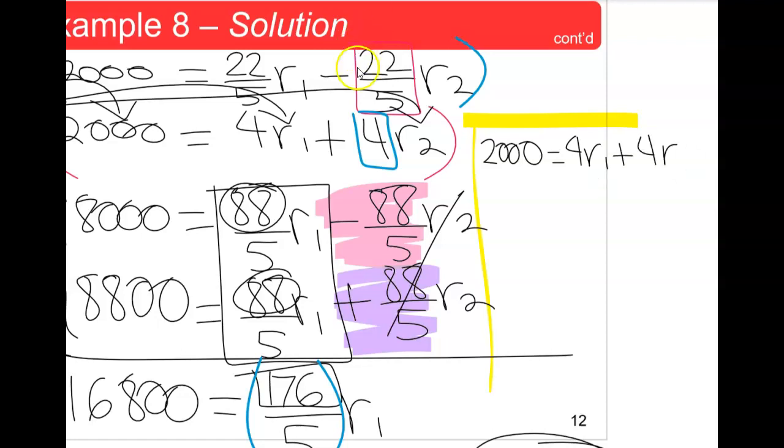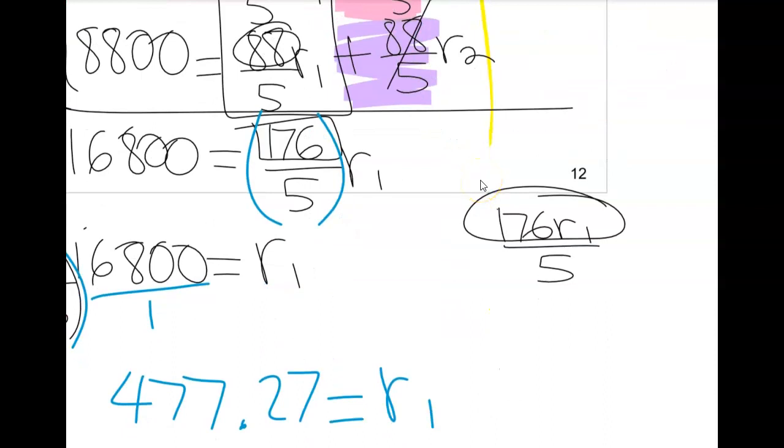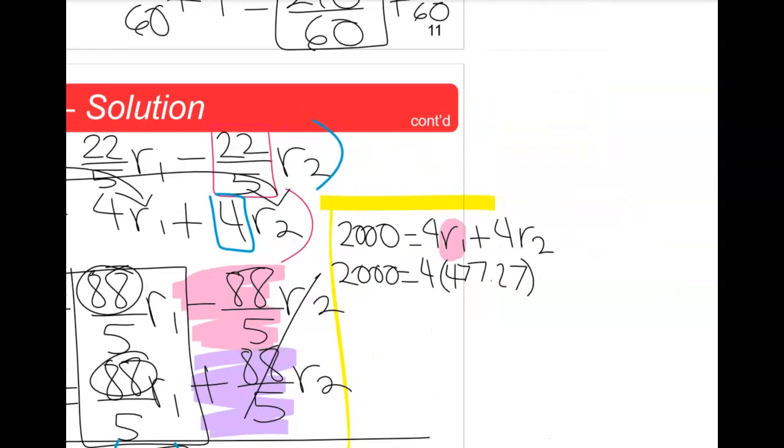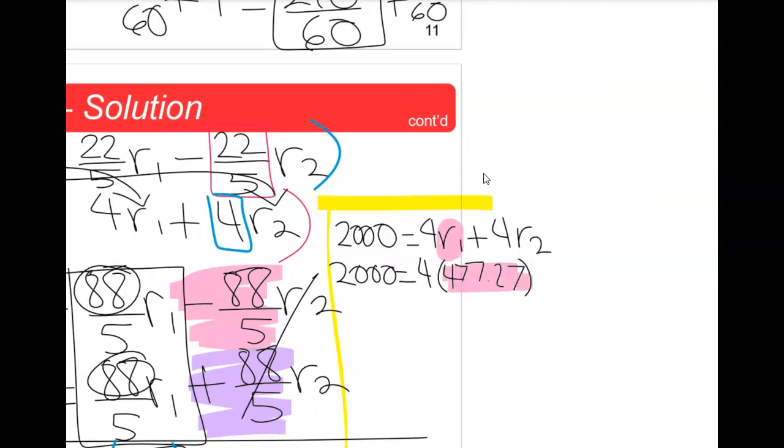And now that we know the value for r sub 1, 477.27, we are going to substitute that here. Remember, that is the speed of the plane. So we get 2,000 here. We get 4 times 477.27. And then we still have the plus 4 r sub 2, and remember that is what we're actually going to be solving for.